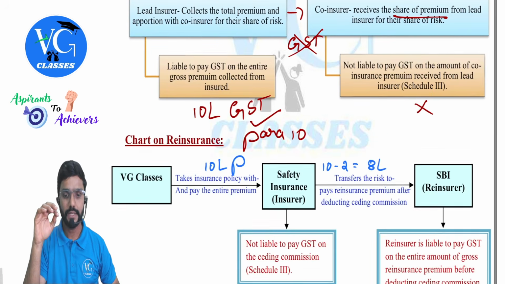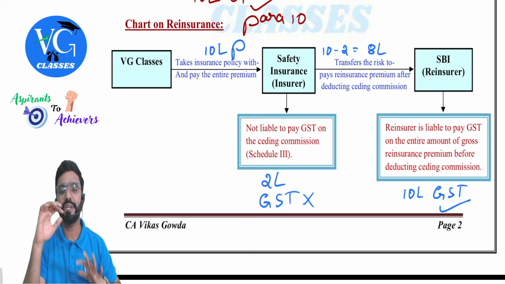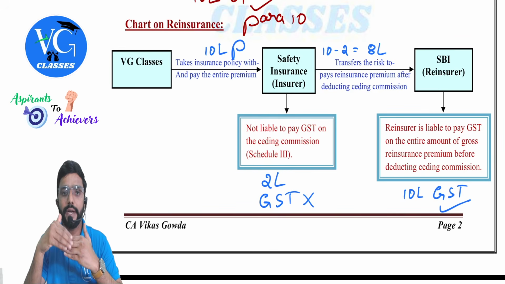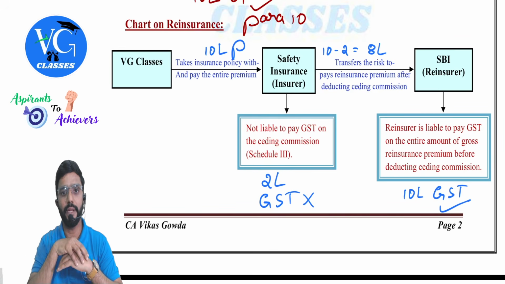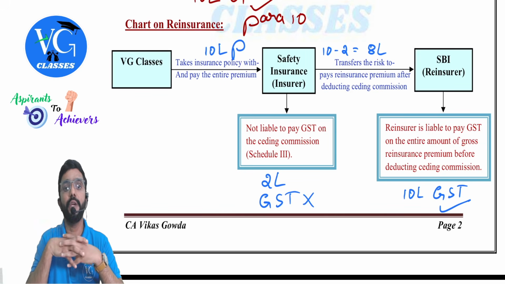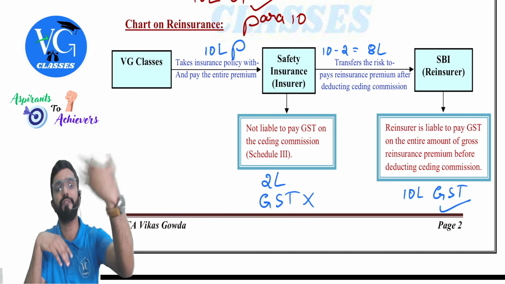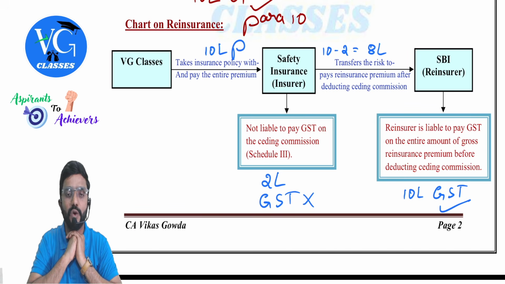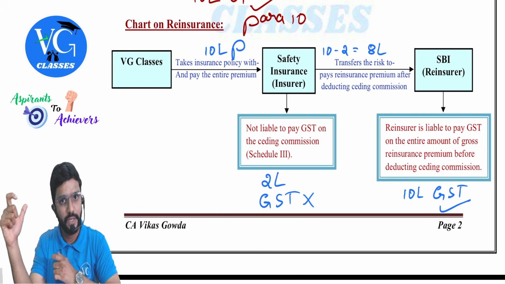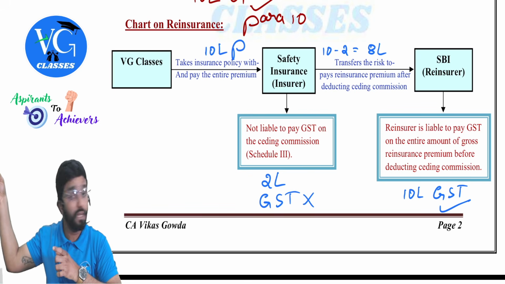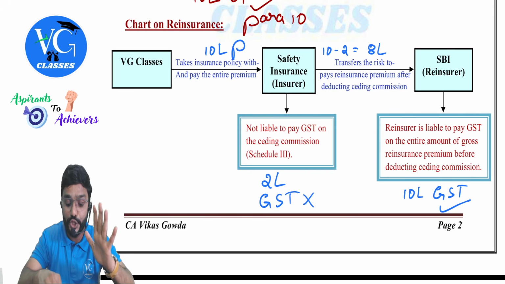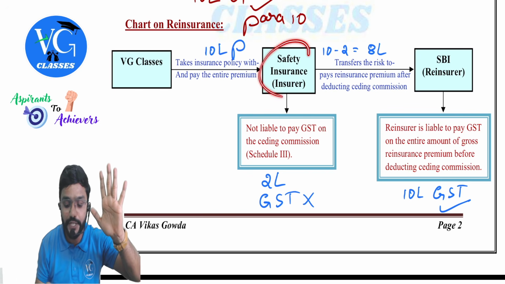Whereas reinsurance is not like that. I will go and take the policy with one insurance company. But as they couldn't take the huge risk, they're shifting it to another company, which is called the reinsurer. Clear? Did I approach the reinsurer? No. I approached the insurer.